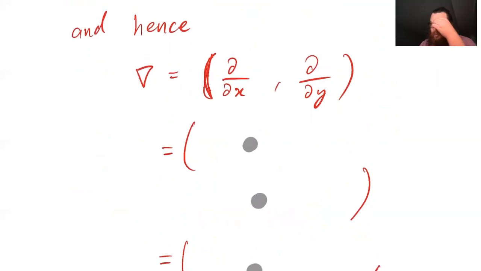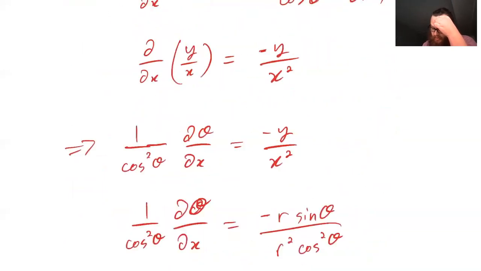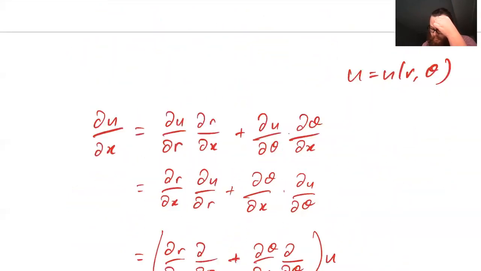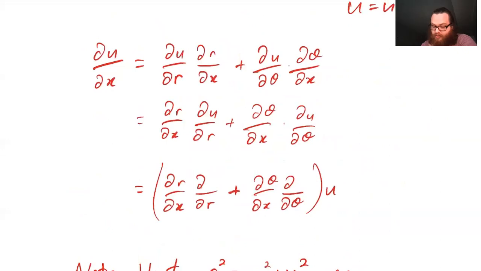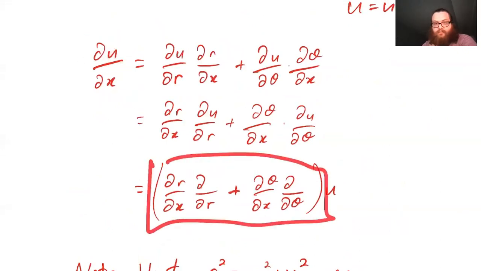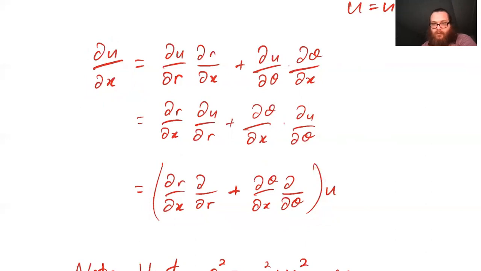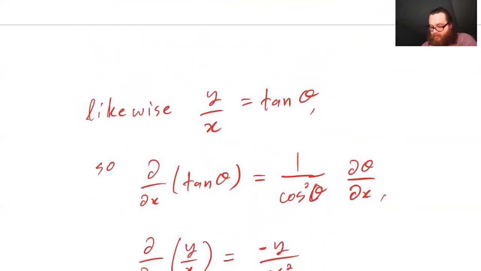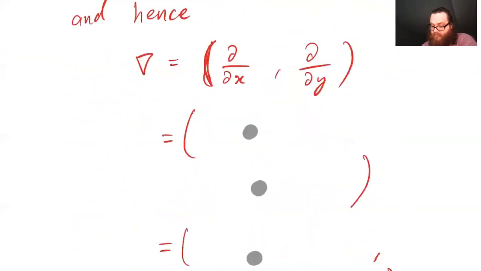But what we did, way back up here for example, was we said d/dx is equal to this thing. So now what we're going to do is plug in d/dx, and in particular, plug in these coefficients here to express the gradient in terms of polar coordinates.